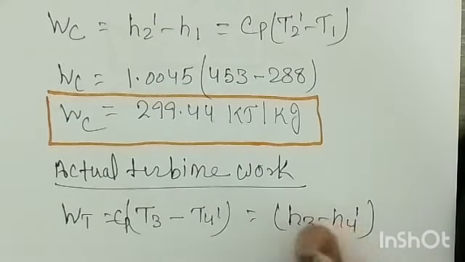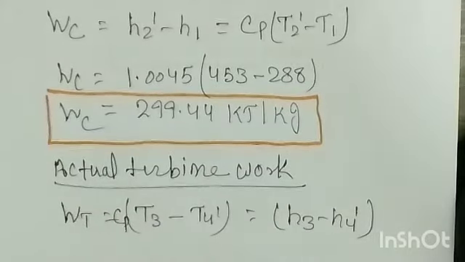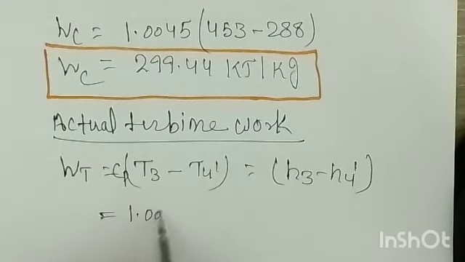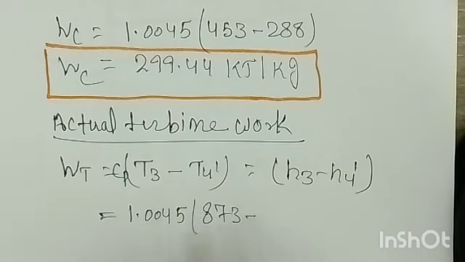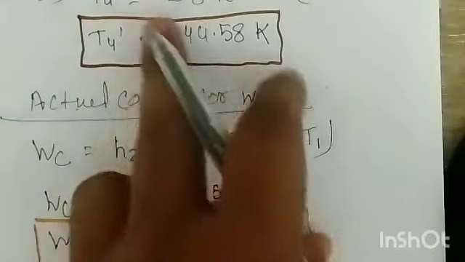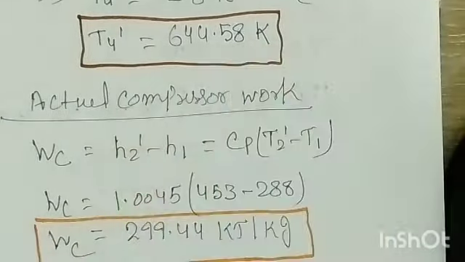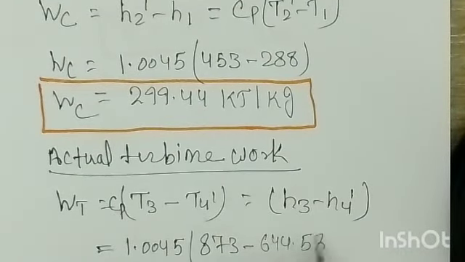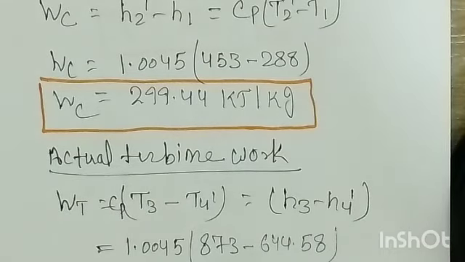Cp is 1.0045, T3 is 873, given in the question, and T4 dash we have calculated just now, that is 644.58. So write down these values, 644.58, and you will get the result.